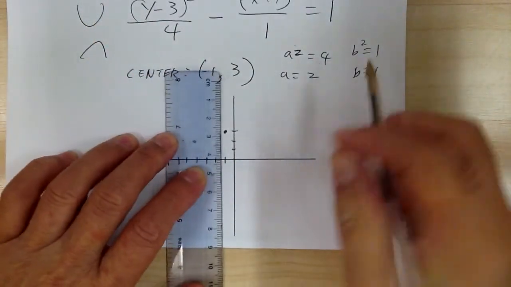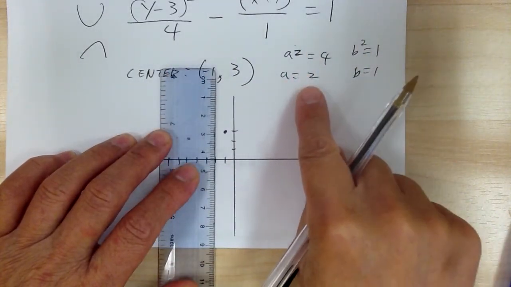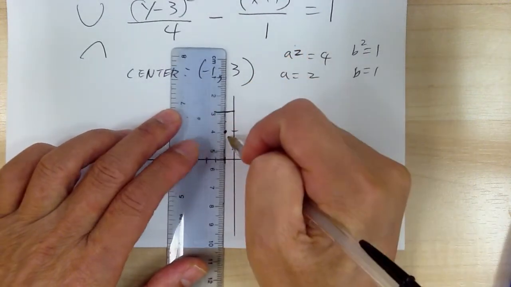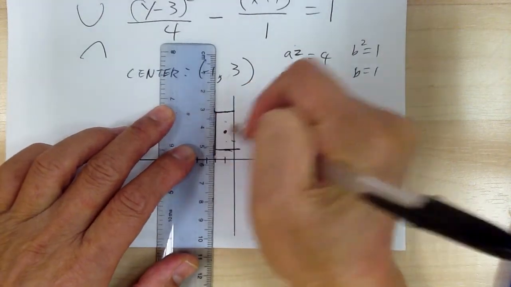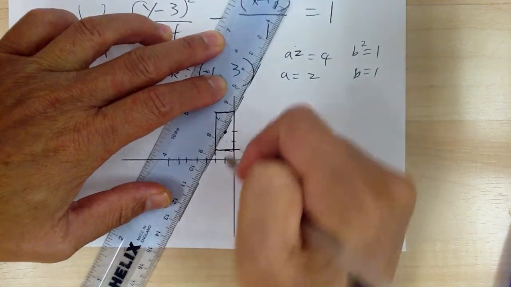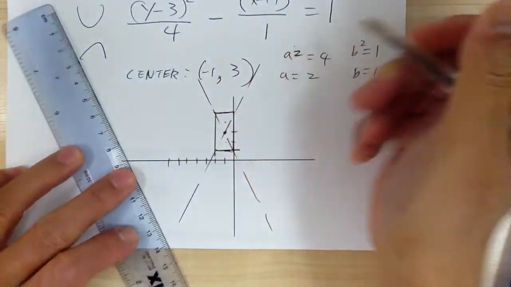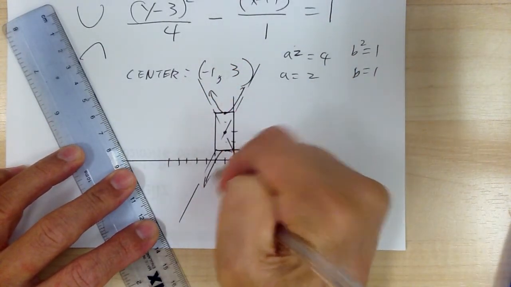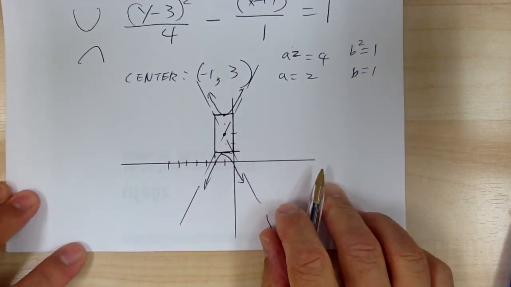It doesn't really matter right now, we're going to make a box. A is going to be 2, so you go up 2 and go down 2. And B equal to 1. Okay, so that is your box, and your graph will go this way. So that's the graph.